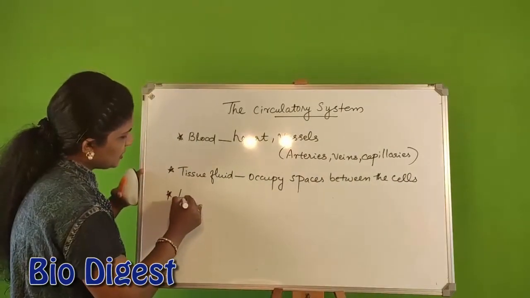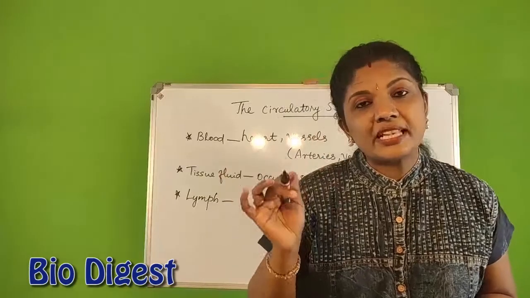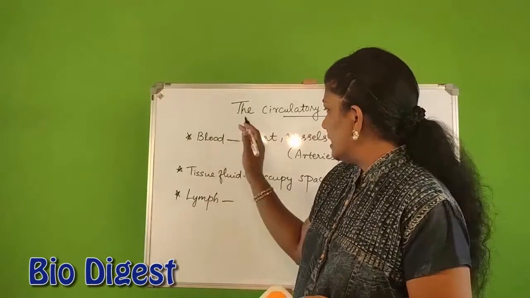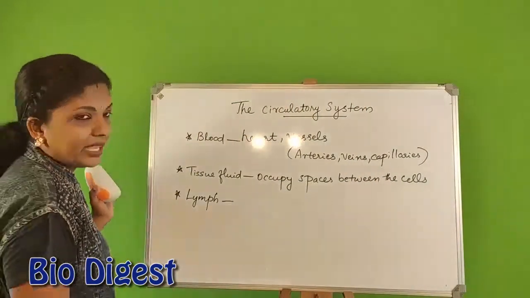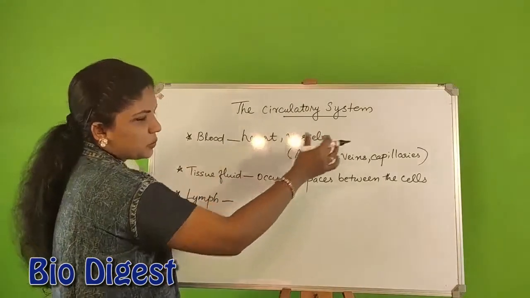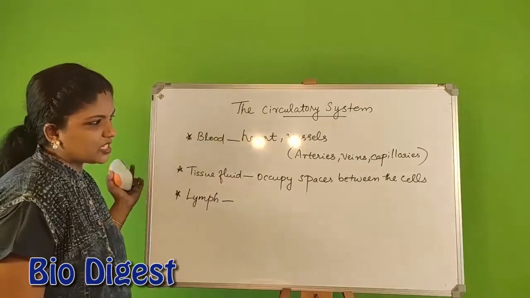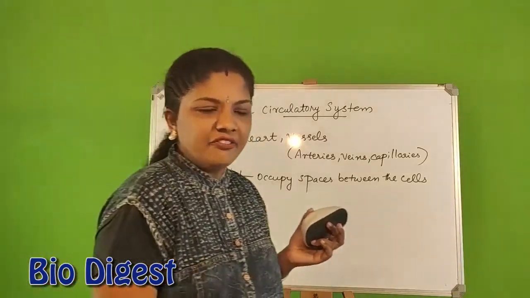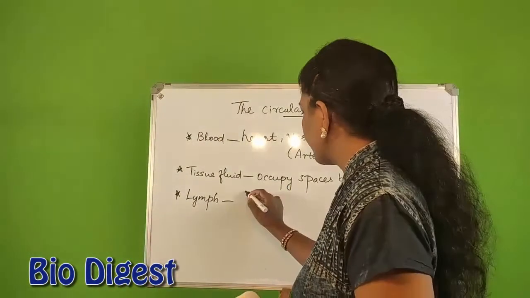And the third one is the lymph, which is contained within lymph vessels. So all these are the three fluids that help in circulation. One is blood, flowing through the heart and the blood vessels. Tissue fluid, occupying the spaces between the cells, and the lymph, flowing through the lymph vessels.